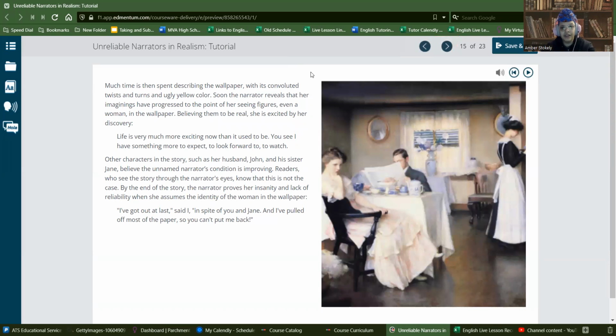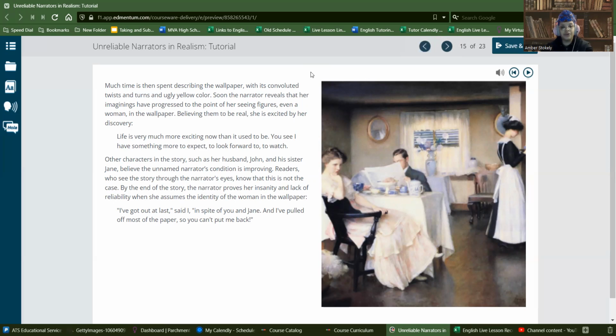On slide 15, they describe some other characters in the story and how things get worse. So eventually, her imagination gets to the point where she starts to see figures in her room. And the figures that she sees are in the wallpaper. So she thinks that the wallpaper is actually alive and that there's someone in there.